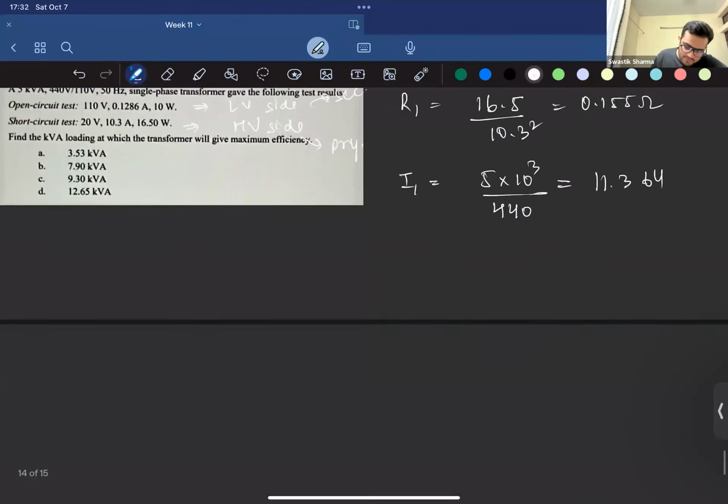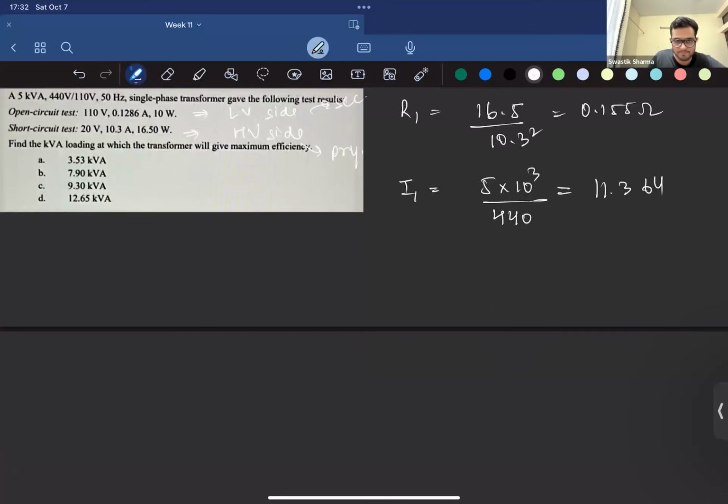I'll tell you why. For maximum efficiency, what we need is maximum efficiency happens when Wi is equal to x squared times WCU, right? Now x is what? I can't straight away use these values because they are conducted at different loading, right? So I have to first convert everything to a single loading side, for the whole transformer.